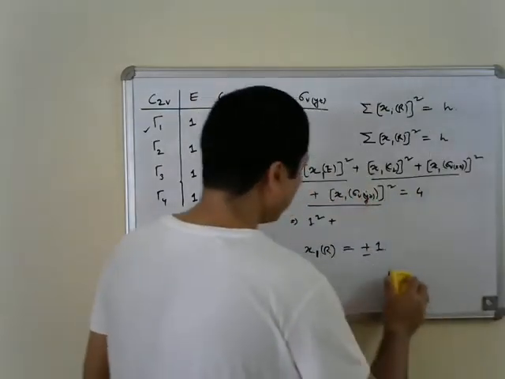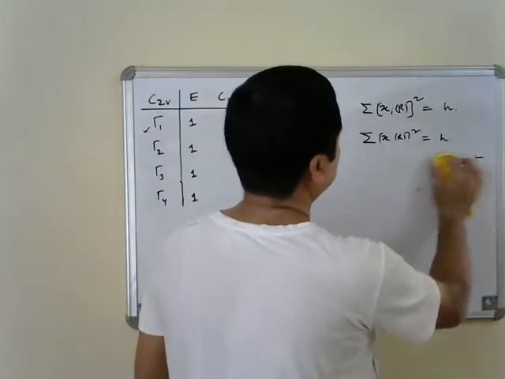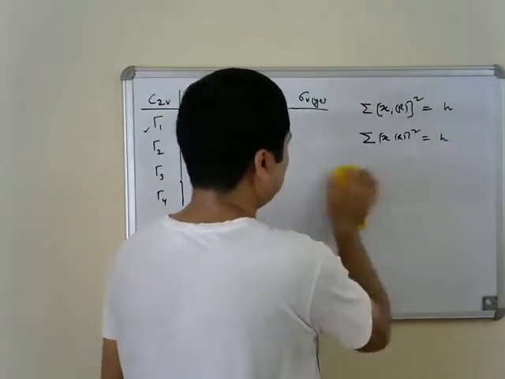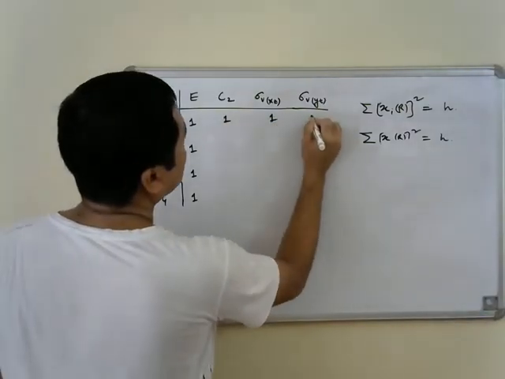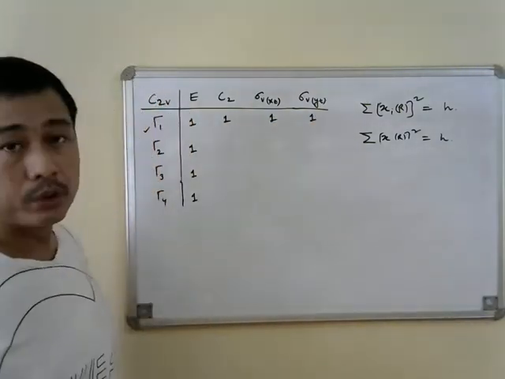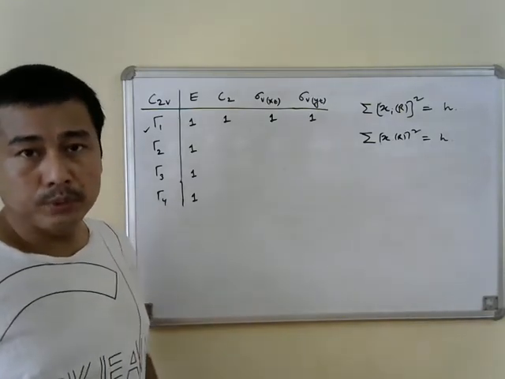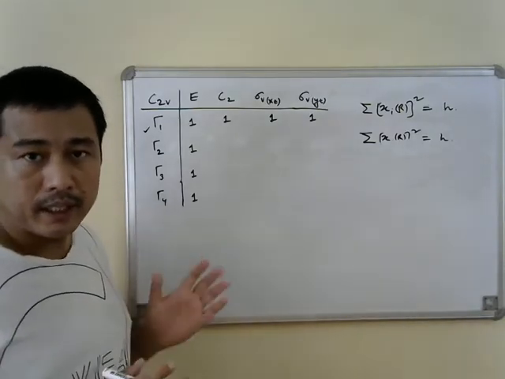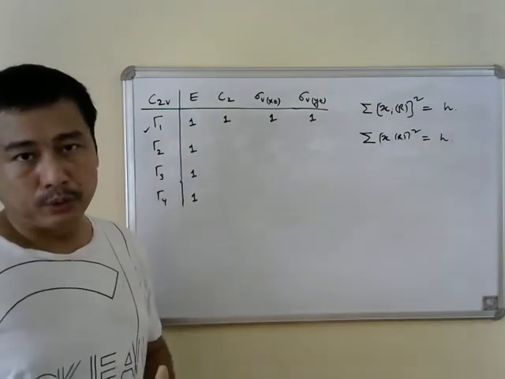So let us now put the character for all symmetry operations for the first irreducible representation equal to +1 here, because in case of all the point groups we will have an irreducible representation for which all the characters are going to be +1.